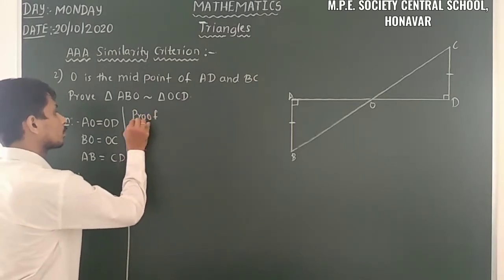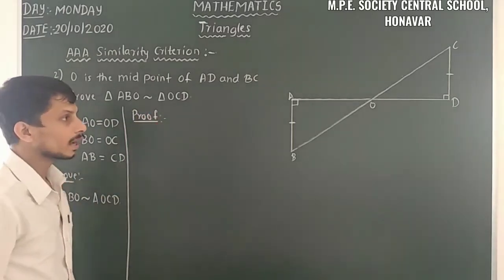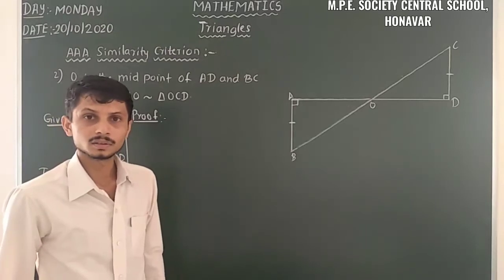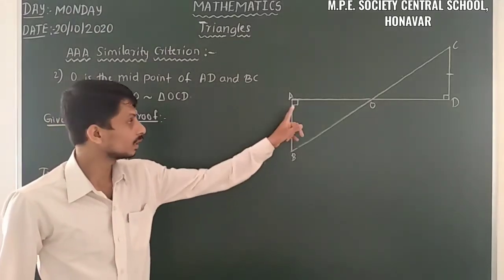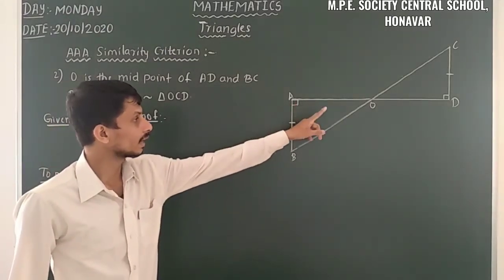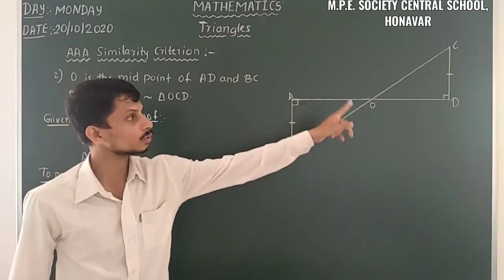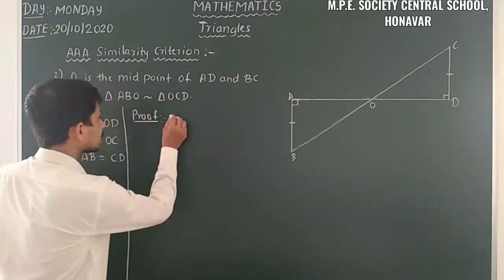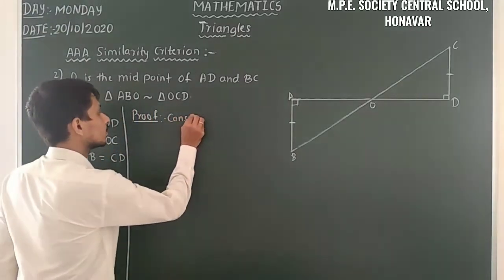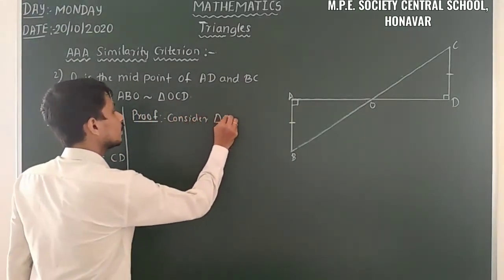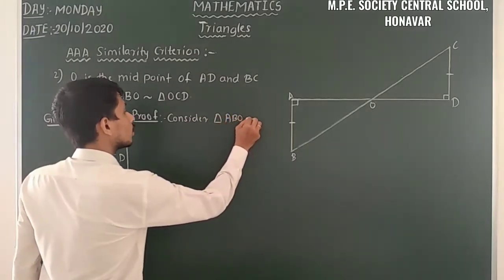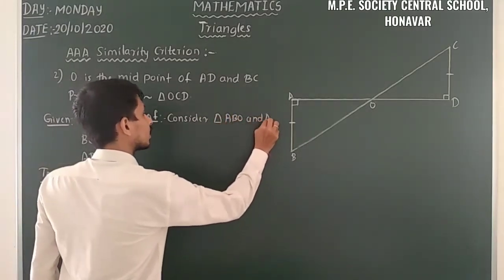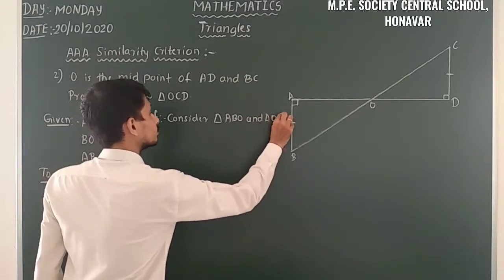So here we have some of the criteria. Just observe that here angle OAB is equal to angle ODC because those two are 90 degree. Firstly we have to consider triangle ABO and triangle OCD.